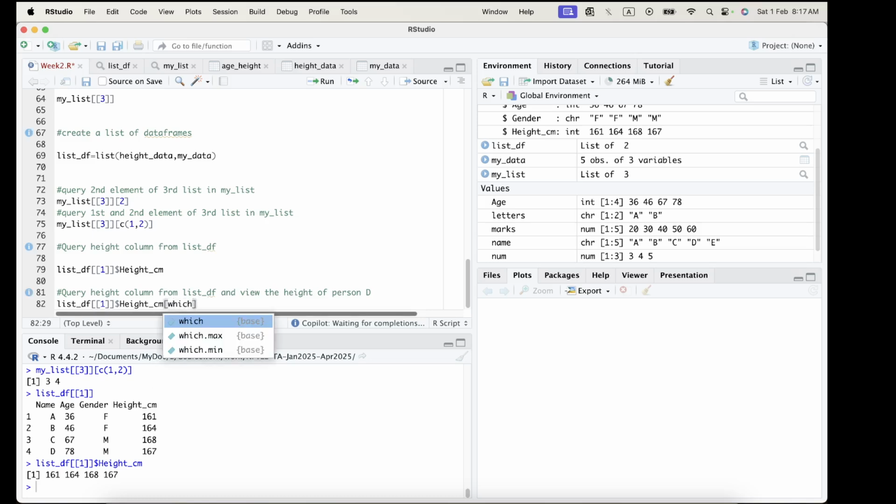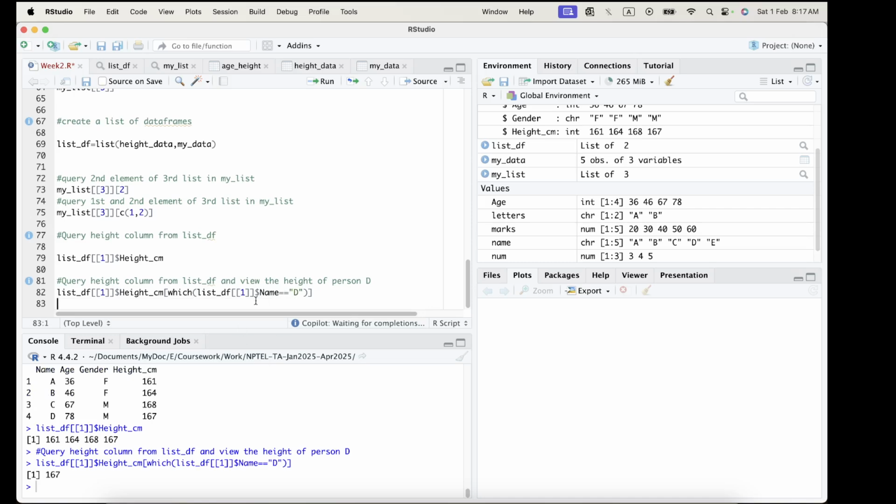I write list df double brace 1 dollar name equal to D. So this is now giving me the height of the person D, that is 167.